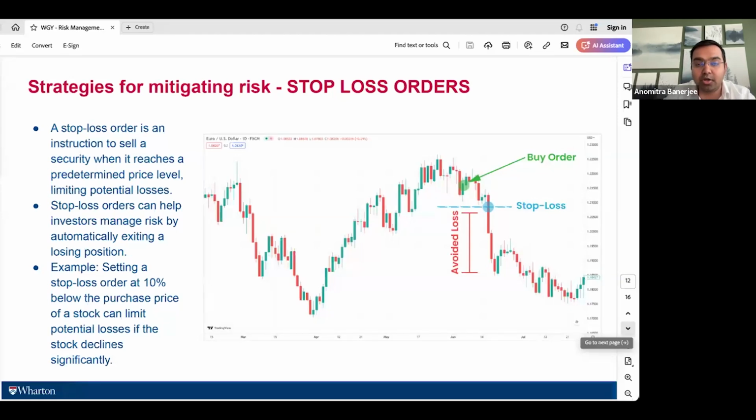If the stock breaches 88, automatically all my stocks would be sold out, and I wouldn't go beyond that. So the amount of loss that I would take is not more than 12% of my entire portfolio. And that's very important. This is something that can absolutely change your life, because not having this changed mine for sure. I wish I had put that stop loss order that day.